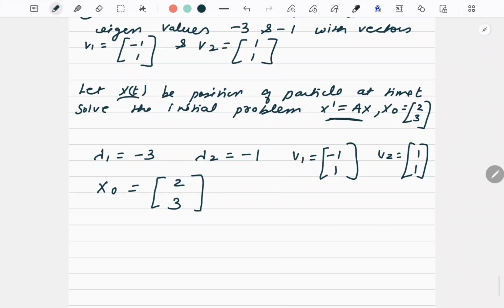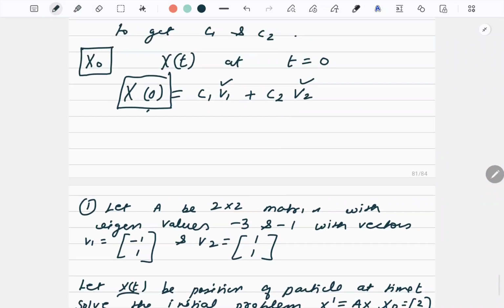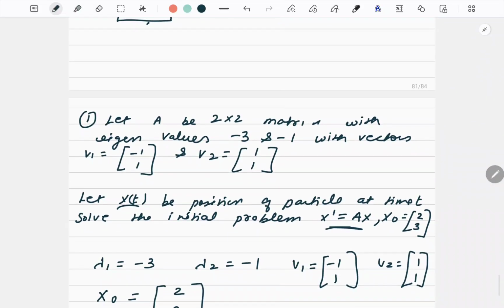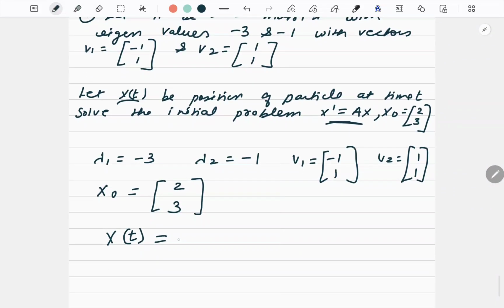How will I proceed for this? As I know, the expression for x(t) is very simple. I'll write it again: x(t) is equal to C1 e to the power lambda 1 t into V1 plus C2 e to the power lambda 2 t into V2.